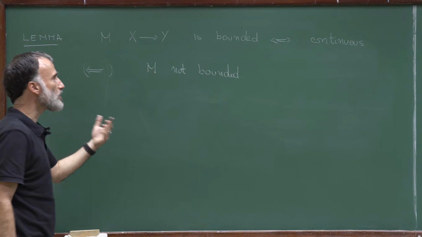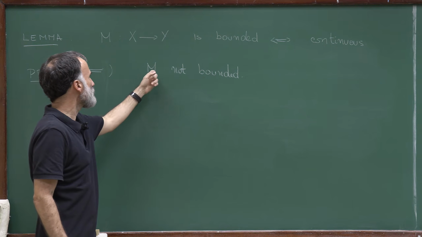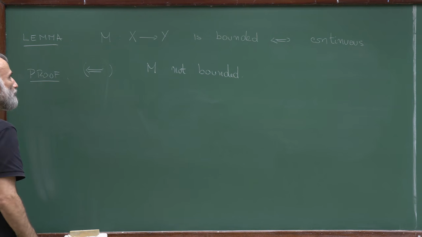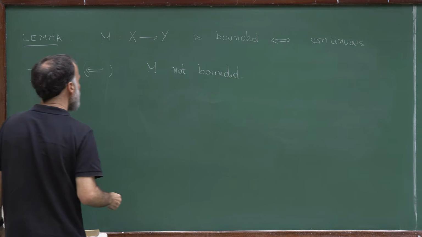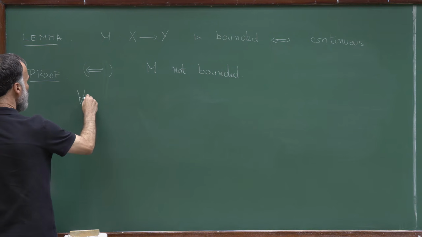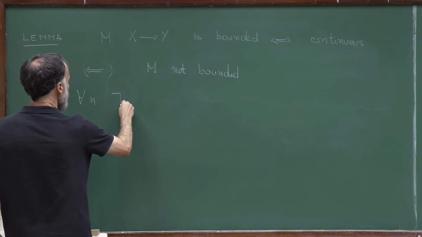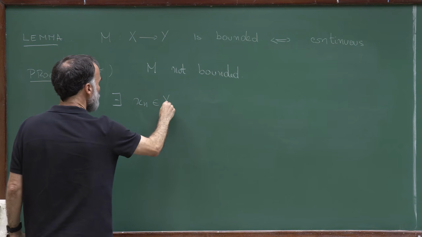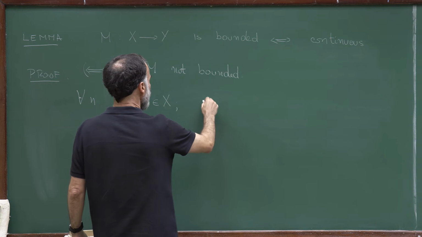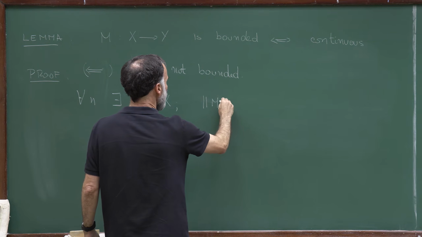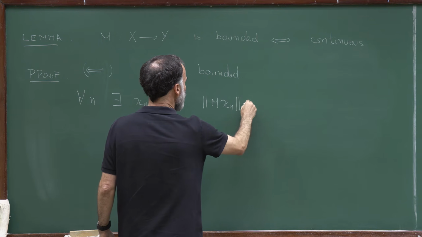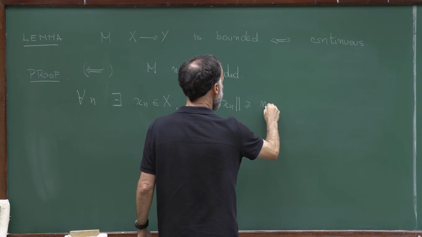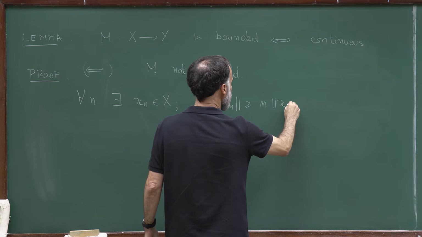So we'll find a sequence which converges, but whose image does not converge. So if M is not bounded, this means that for all n, we can find a point xn in X such that the norm of M xn is larger or equal than n times the norm of xn.